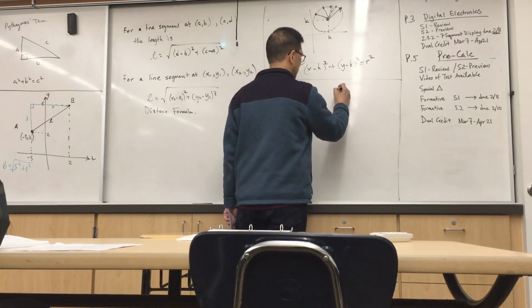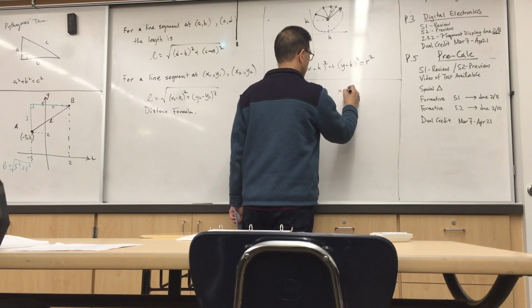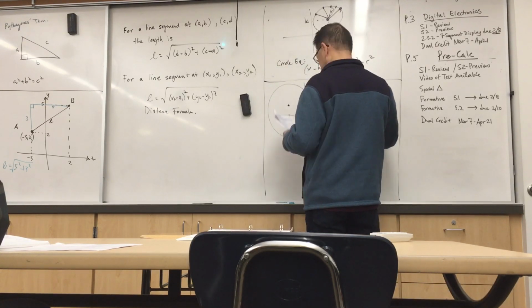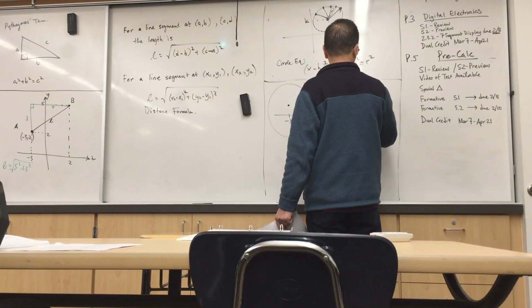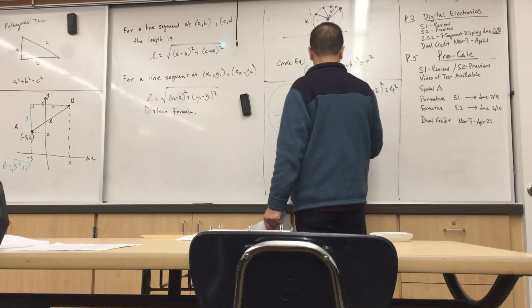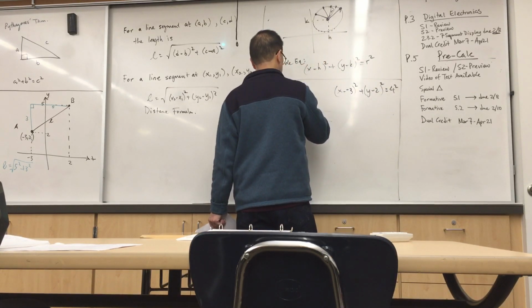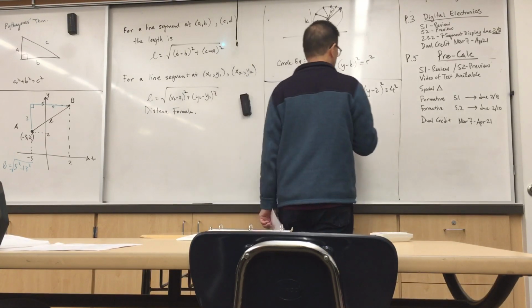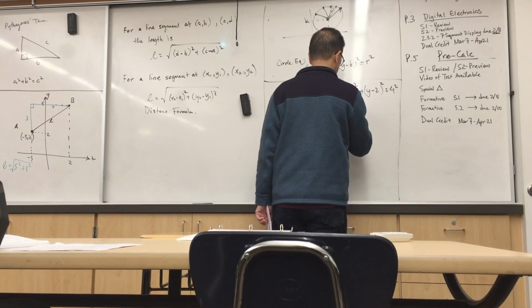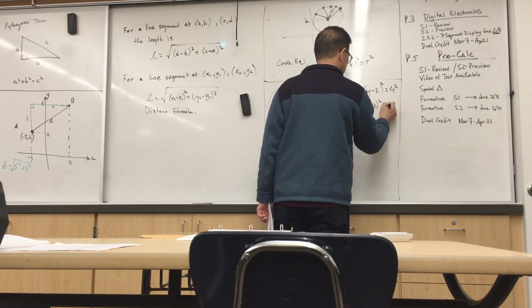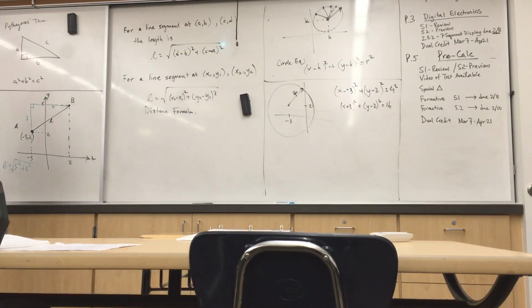This is going to be x minus 3 squared plus y minus 2 squared is equal to 4 squared. I'm sorry, I didn't label this. This r is 4. So this is x plus 3 squared plus y minus 2 squared is equal to 16. Okay, so that should be, yes.